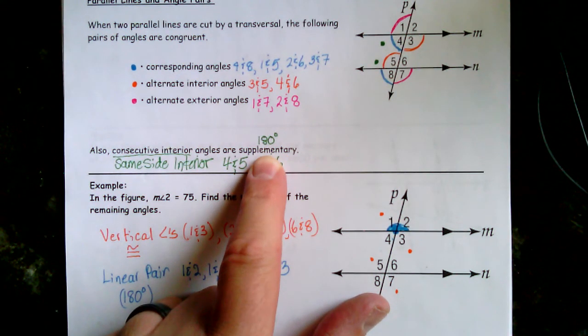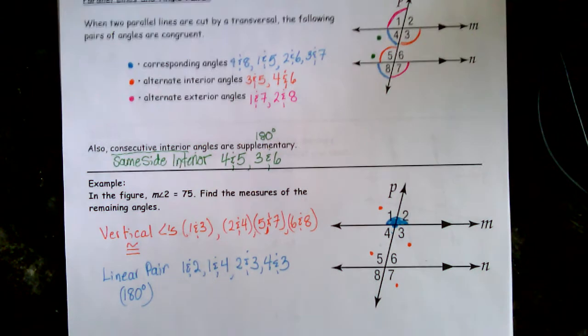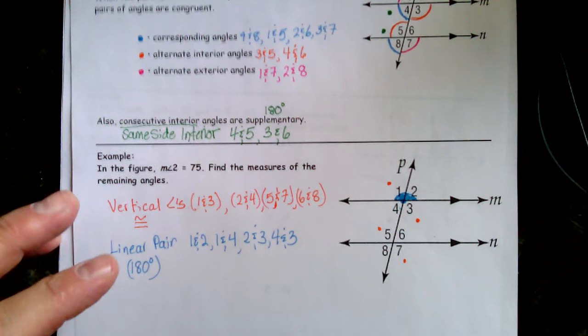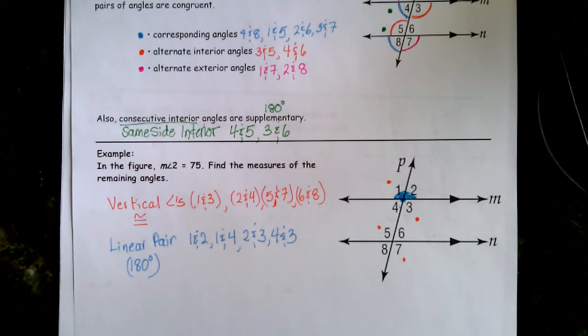That's like 4 and 5 and 3 and 6. Vertical angles are congruent, they point at each other, often called opposite angles, and they're congruent. And then a linear pair are two angles that add to 180 degrees, that share the same vertex and form a line. They share the vertex and they share a side of the angle, like 1 and 2.